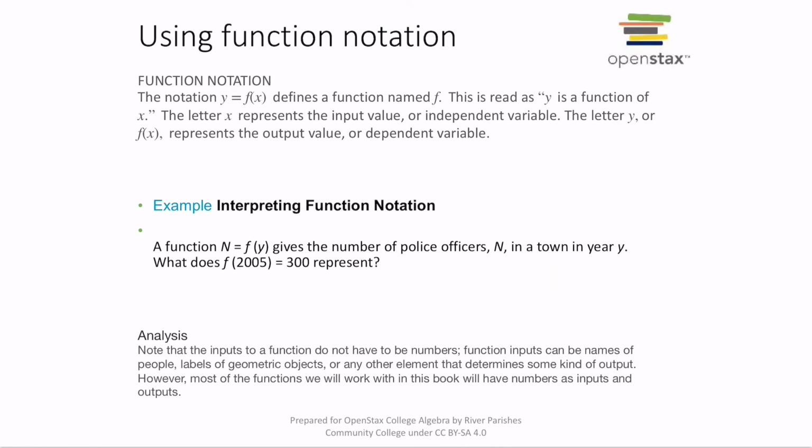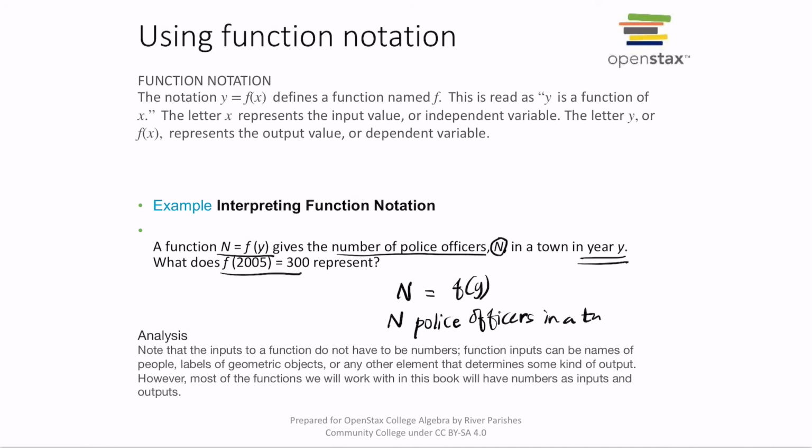So let's try to use this example here and let's try to see if we can interpret this. So a function n equal to f of y gives the number of police n in a town in the year y. So what does f of 2005 equal to 300 represent? So n equal to f of y says that there are n police officers in a town in year y.